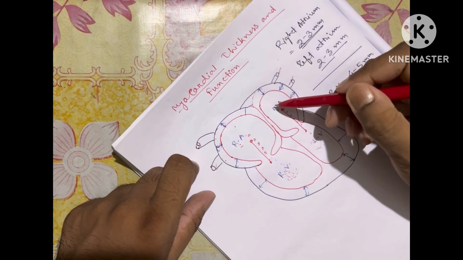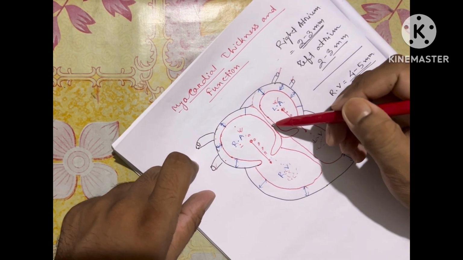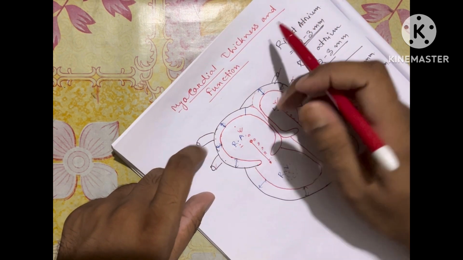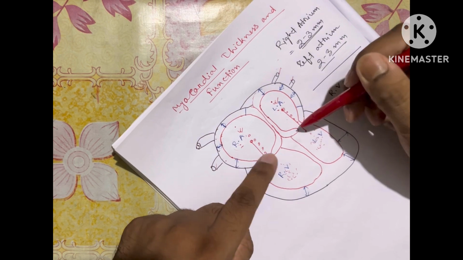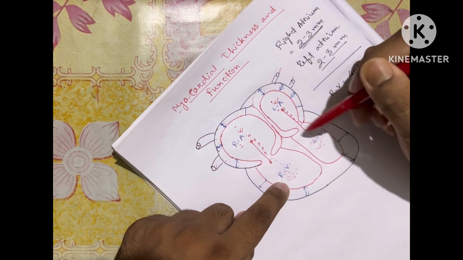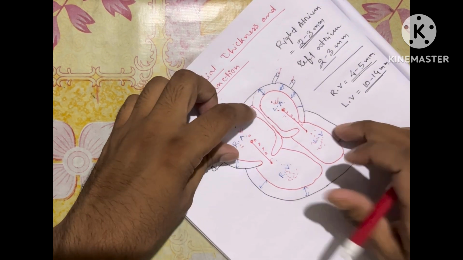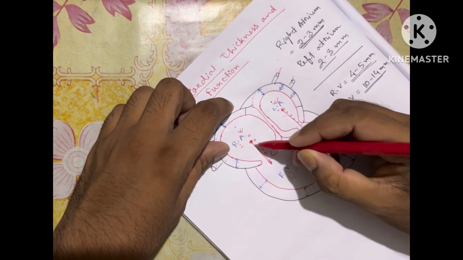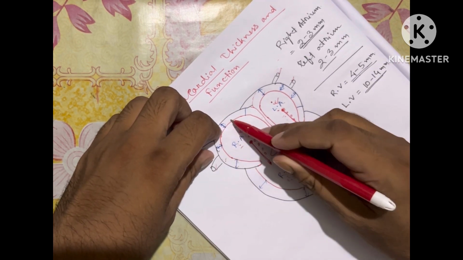So on the left side we have oxygenated blood and on the right side deoxygenated blood. When both atria contract, they push their content into the respective chambers beneath.